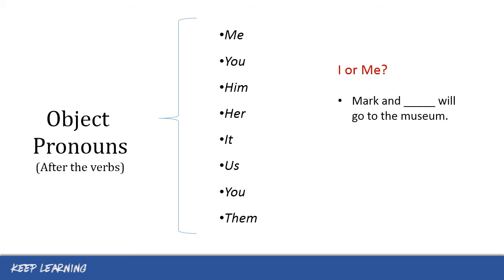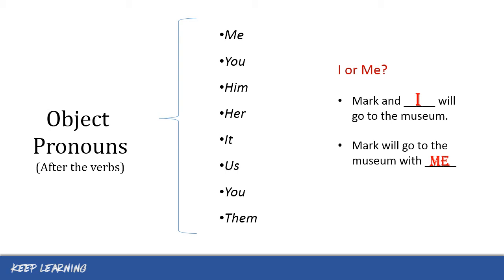So the right answer is Mark and I will go to the museum. Right? Because it's before the verb. Now after the verb, Mark will go to the museum with me. You're after the verb. There you go. They're receivers of the action, like I love her.